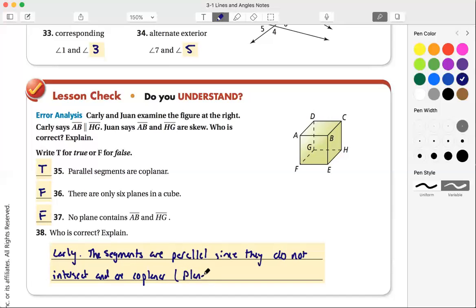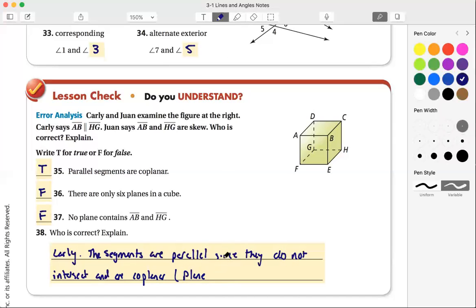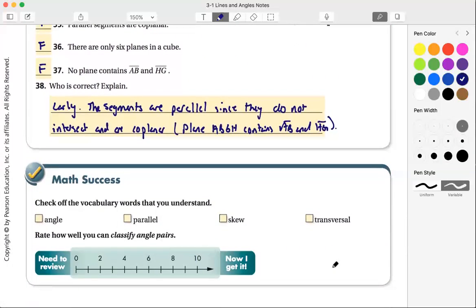Plane ABGH contains AB and HG. There we go. And you should be able to have these vocabulary words underneath your belt by this point.